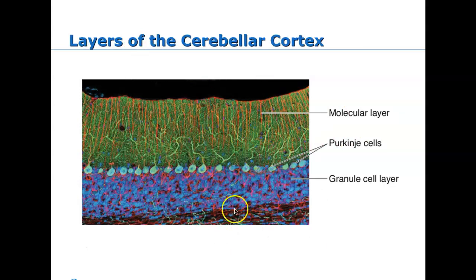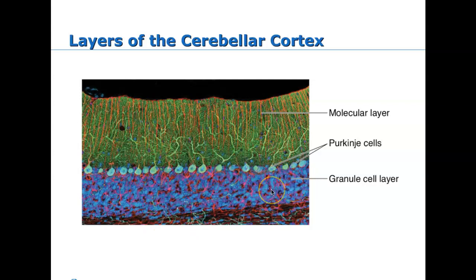The cross section, this is a particularly nice staining of the cerebellar layers, and you can see the Purkinje cells that you're already familiar with, and the granule cells here. The cerebellum itself consists mostly of these tiny little excitatory cells called granule cells. They're really, really numerous.